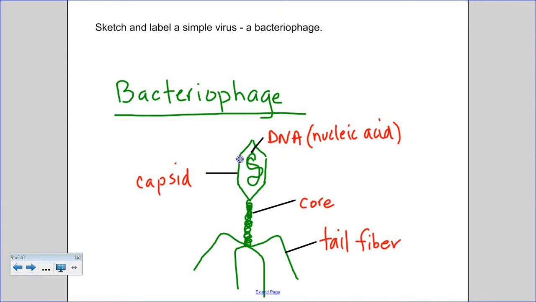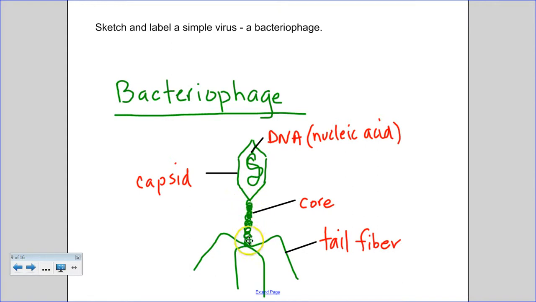This head of the virus consists of a protein coat or envelope called the capsid. So it's made of a whole lot of capsomeres, or little proteins that are stuck together that form the capsid, and they can look very different depending on the bacteriophage. Inside of the capsid, you would find its nucleic acid. So this one has DNA, some might have RNA.